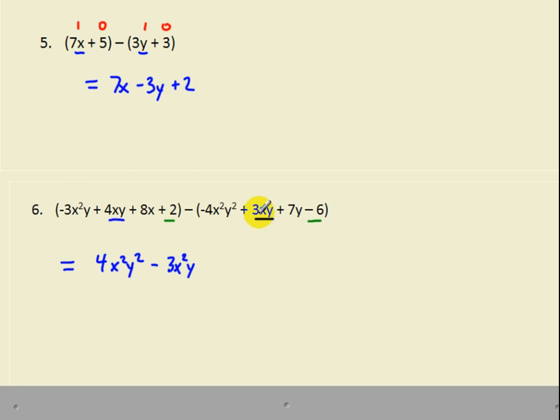So 4xy minus 3xy will be 1xy, or just xy. Now we look for x by itself, which is right here, plus 8x. Now we have a term with y by itself, so we're subtracting a positive 7y, so minus 7y, and then finally the constants. We have 2 minus negative 6, which is a positive 8.